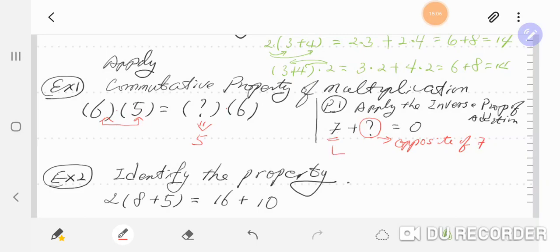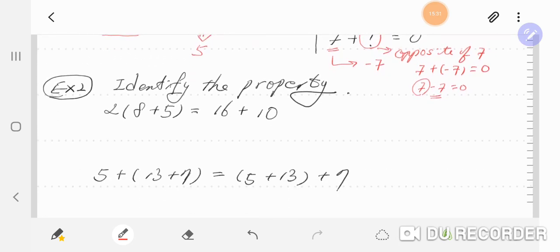Now change the sign of this one. So negative 7. So 7 plus negative 7 should be 0, right? Or 7 minus 7 is 0. So the opposite of 7 should be added to that number.